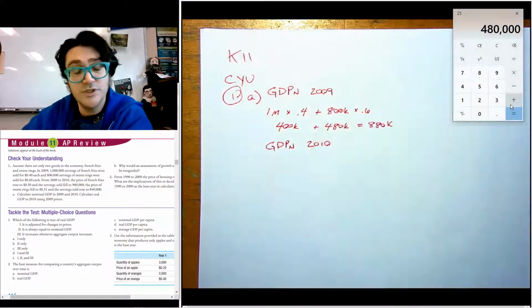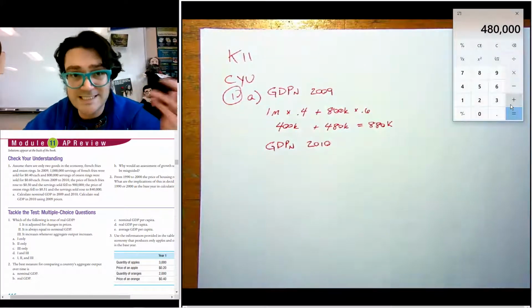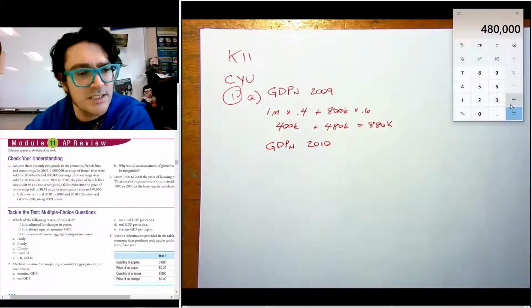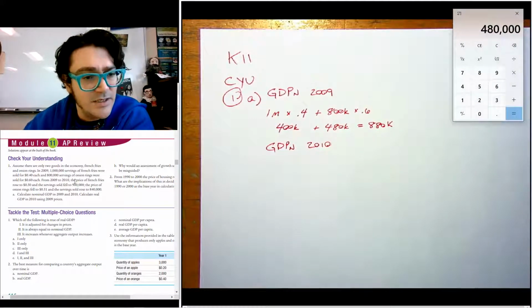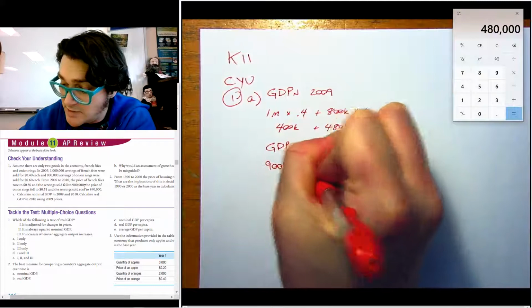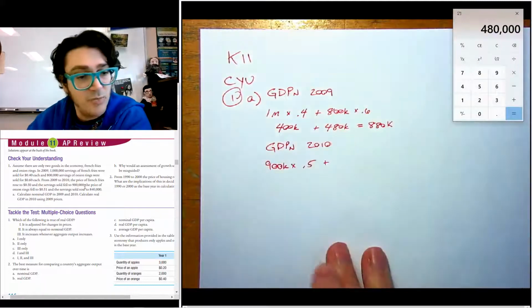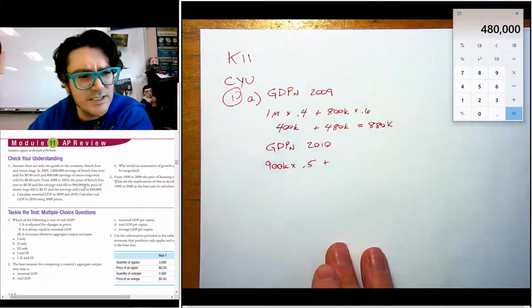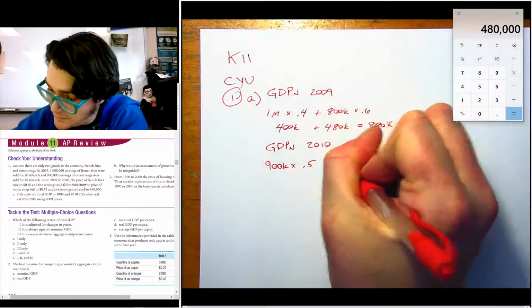Now we're going to do GDP in 2010. And this one, we just use 2010's quantities and 2010's prices. So we're repeating the process. In 2010, the price of fries was 50 cents and servings was 900,000. So 900,000 times 50 cents plus onion rings were 51 cents and they sold 840,000.